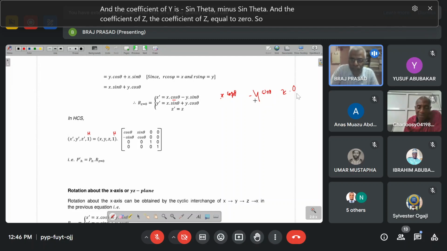So if we write this coefficient, cos theta, minus sine theta, 0, this is the value of this one.